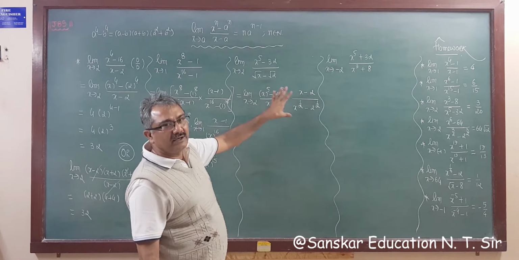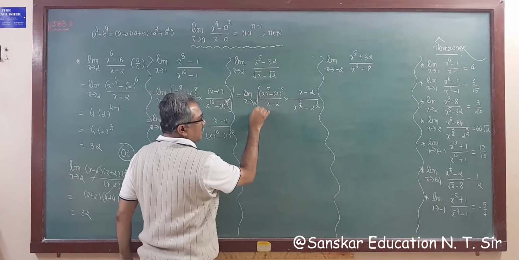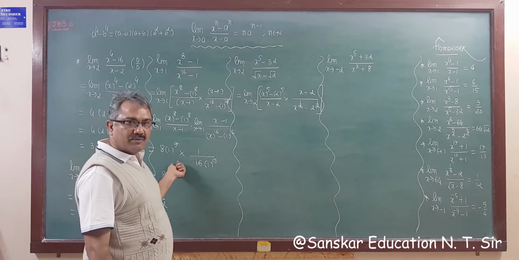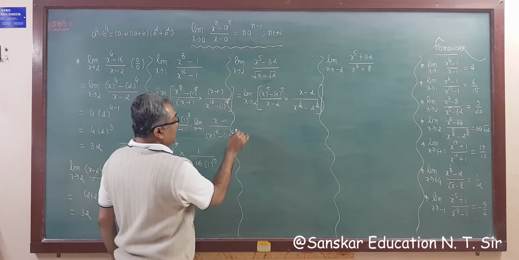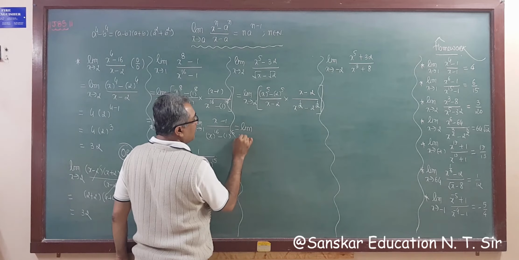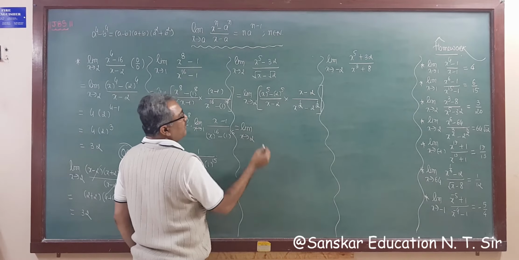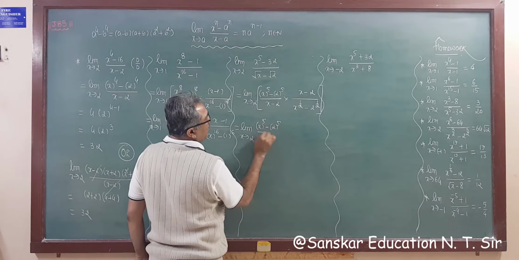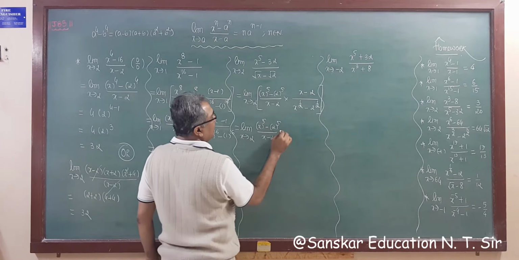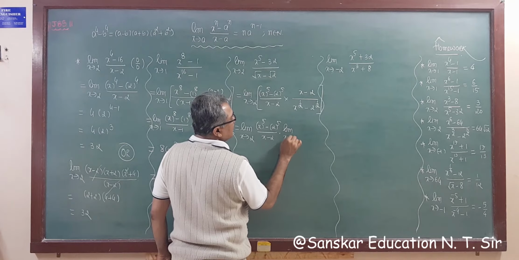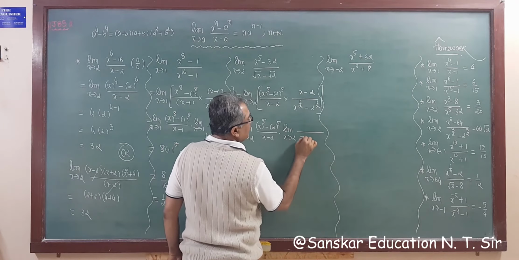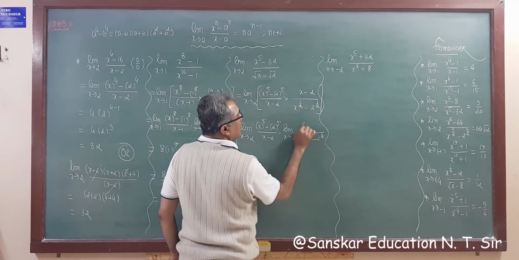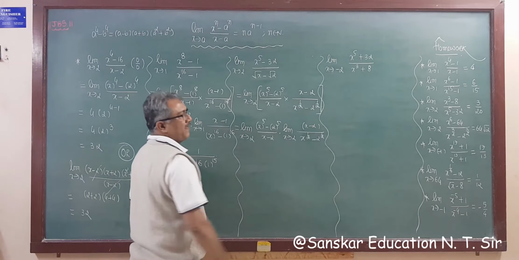Now giving this a separate limit. If you don't want to write this separate limit step, you can write the answer directly to save your time, but I am writing it because you are in learning mode. So this is limit x tends to 2, x raised to 5 minus 2 raised to 5 whole upon x minus 2, and limit x tends to 2, x raised to half minus 2 raised to half upon x minus 2.